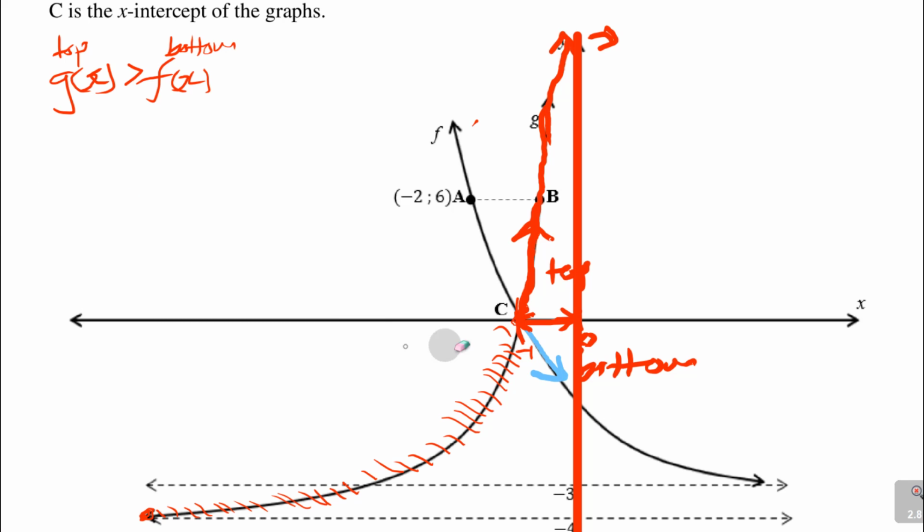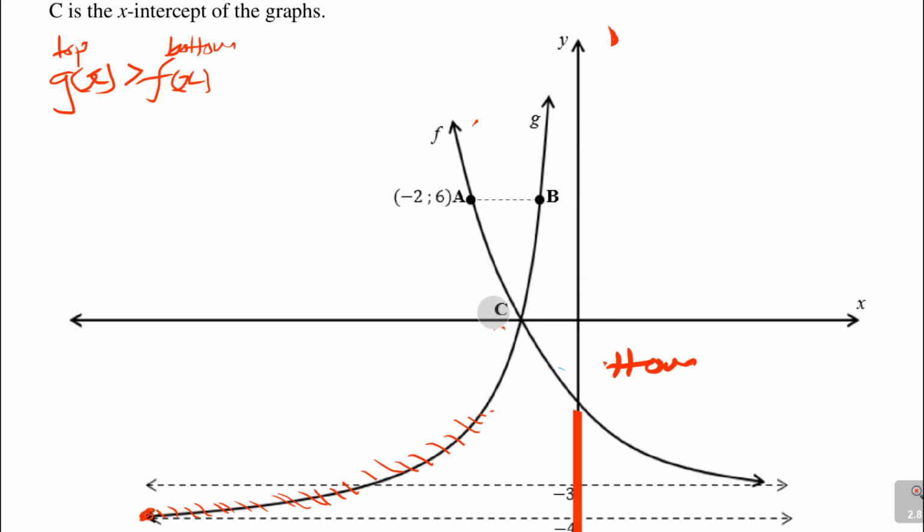So let me just take off some things here so that we can make sense. If they're saying straight line through AC, they're saying there is a line from here to there. Okay, but we know the coordinates of C. Remember, what are the coordinates of C? We know that C is -1 and 0.